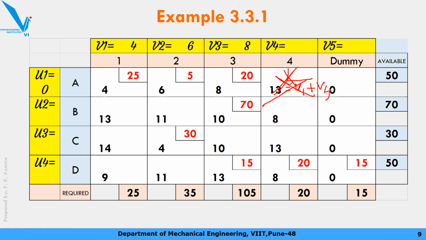You can go ahead with only allocated cells. So implement that concept here. 10 equal to, because 10 has an allocation of 70, we can put the formula of u and v. So it is equal to u2 plus v3. Now v3 is how much? 8. So 10 equal to u2 plus 8. So how much is u2? u2 becomes 2. Correct?